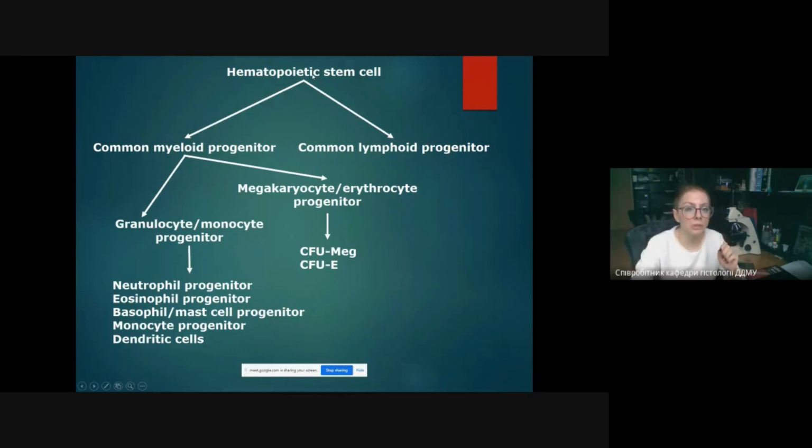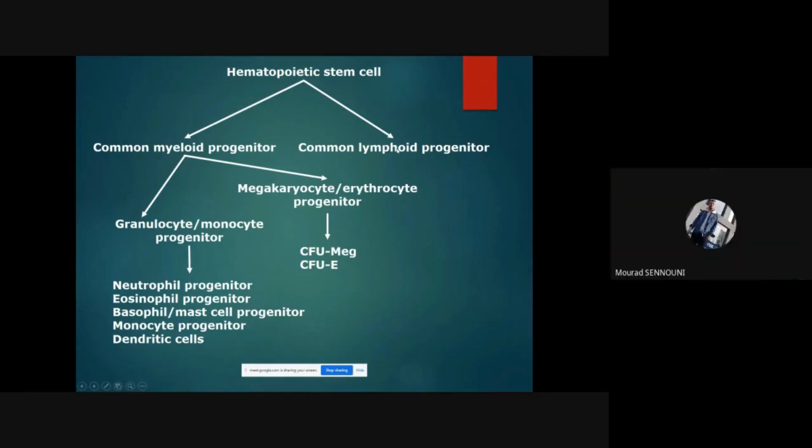The hematopoietic stem cell has the potential to give rise to all cells of our blood, while the common myeloid progenitor can give rise only to erythrocytes, platelets, and granulocytes with monocytes, while the common lymphoid progenitor gives rise to only lymphocytes.